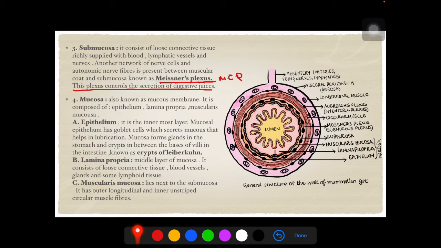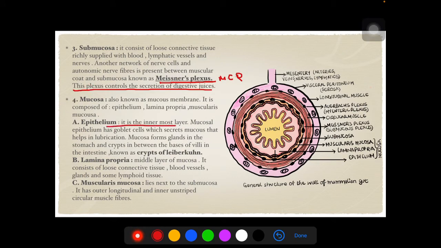It is composed of three main parts: the epithelium, the lamina propria, and the muscularis mucosa. The epithelium is the innermost layer. The innermost layer of the mucosa is the epithelium.